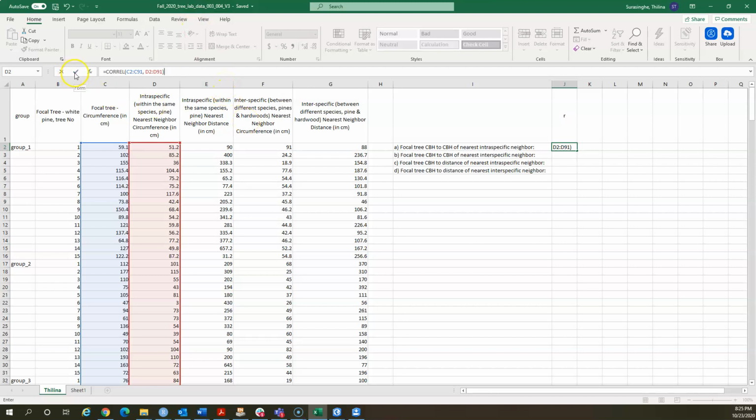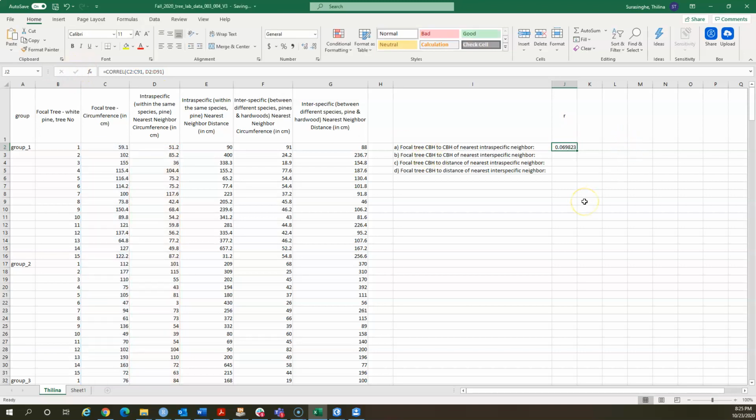And I'm just going to hit this check mark, right? And there you go. That is actually my correlation coefficient for focal tree CBH and the CBH of the nearest neighbor, right? And I will do the second one for you as well.